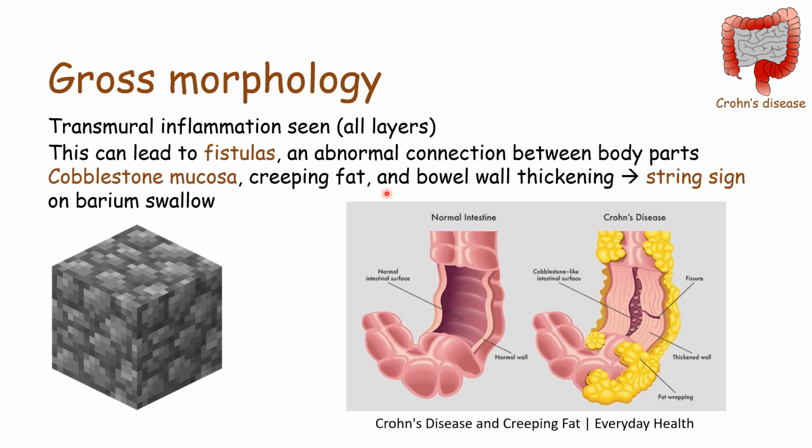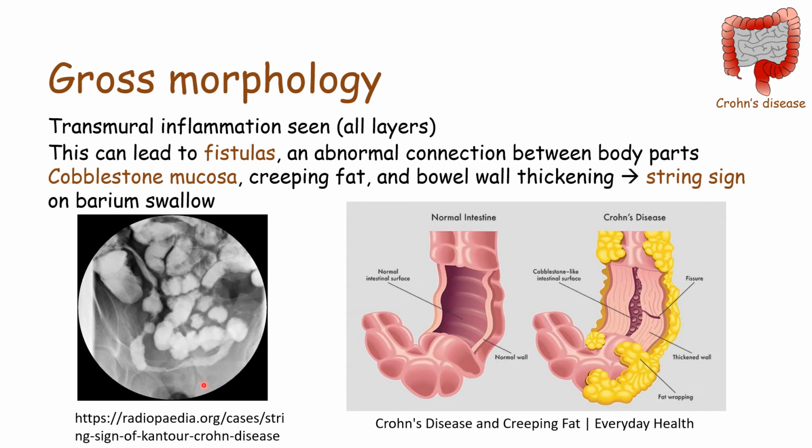Another thing we see is creeping fat and bowel wall thickening. So here, as we can see, in comparison to a normal bowel in Crohn's disease, the affected area will have very thick walls, and creeping fat, essentially there will be more fat around the bowel surrounding it. Now, the bowel wall thickening leads to the string sign on barium swallow.